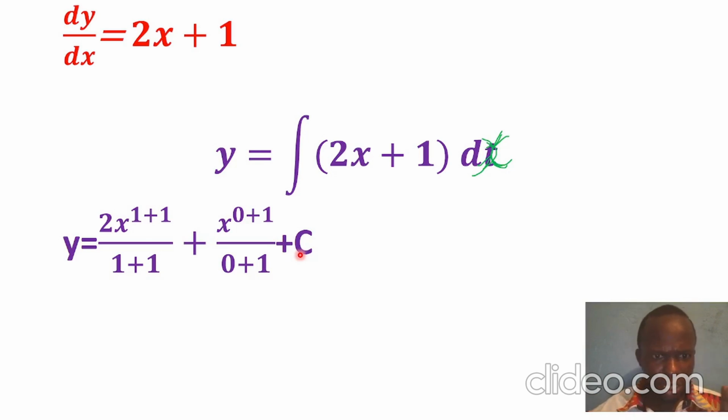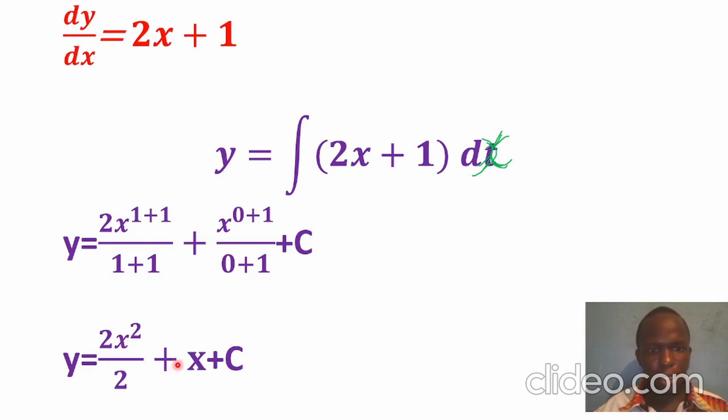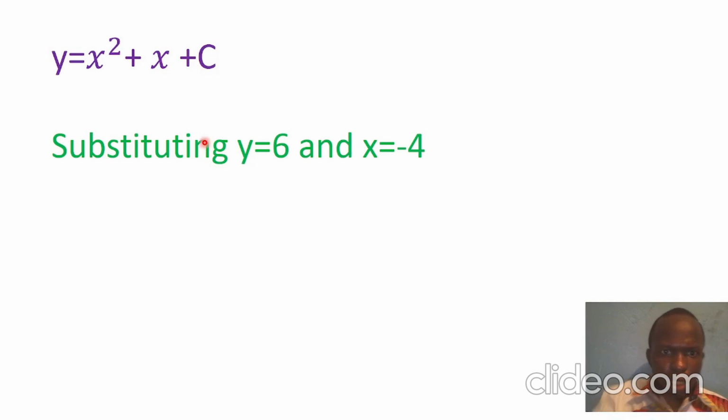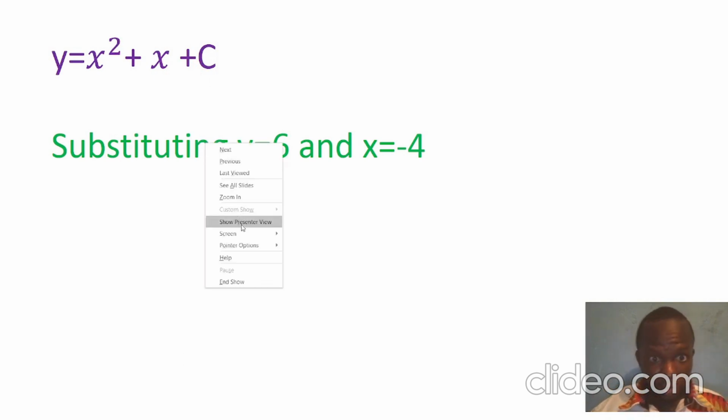Then it boils down to y is equal to 2x squared over 2 plus x plus c. So this is x squared plus x plus c. Okay. Now, can you recall where we got this from?